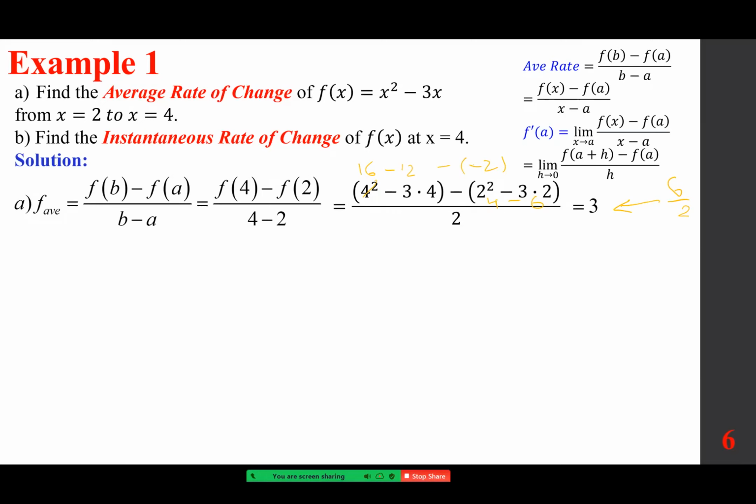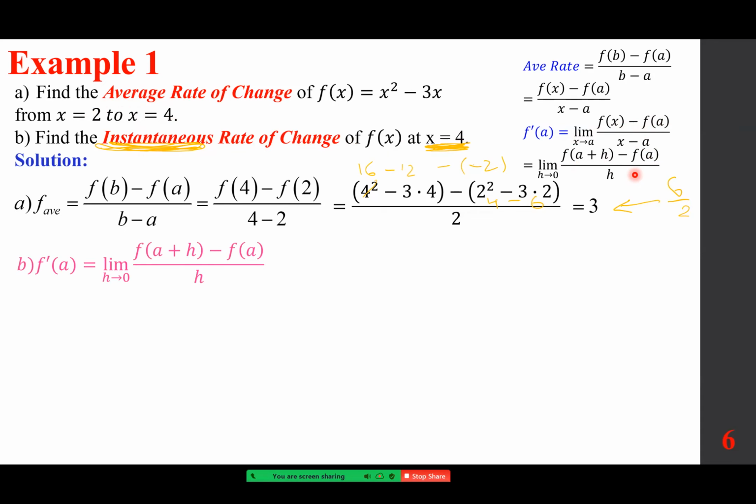The second one, we are given only 1 point, and that's the key. 1 point means instantaneous, even if they don't write instantaneous. The moment you hear rate, it depends whether 1 point or 2 points are given. 1 point means instantaneous, 2 points means average. So we use either this formula or this formula.